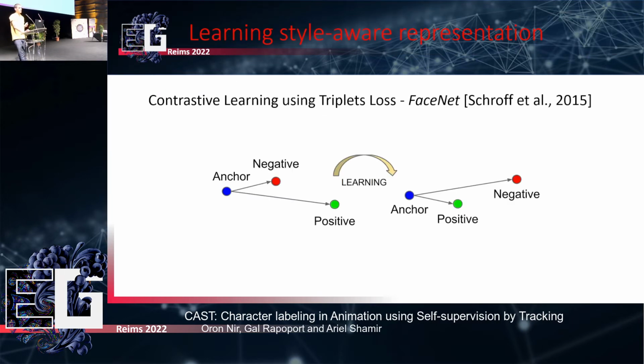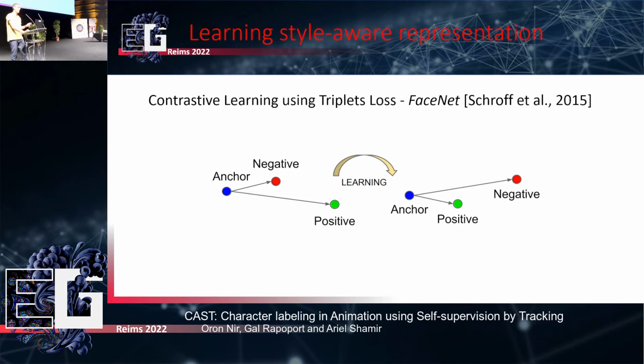We leverage the ideas of triplet loss, which is one sort of contrastive learning, where the method essentially takes 3 examples as an input and penalizes the network for placing the anchor.